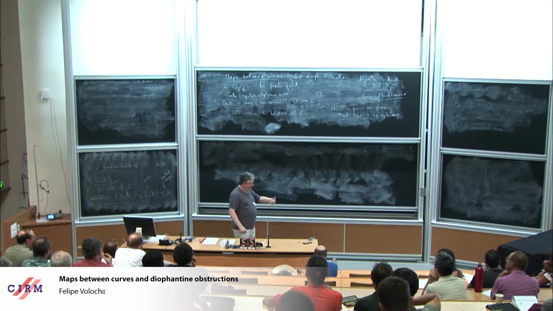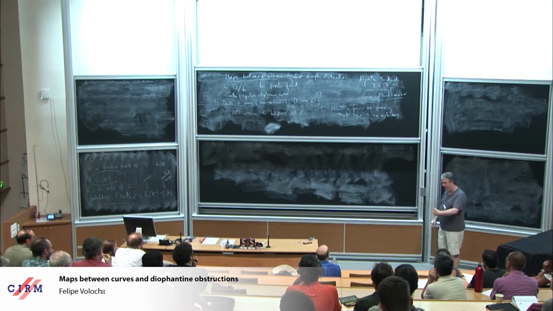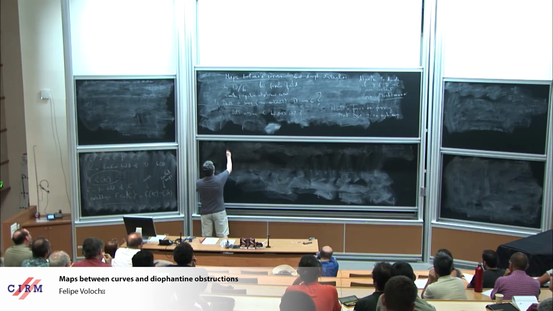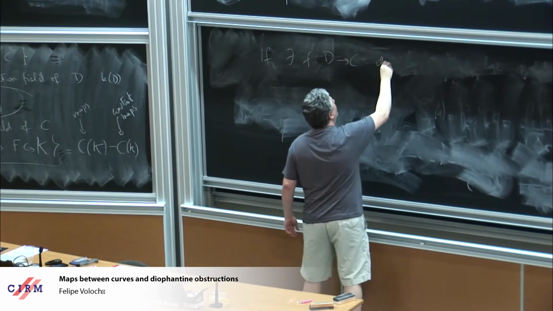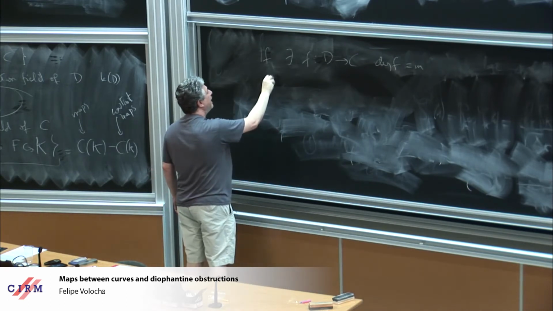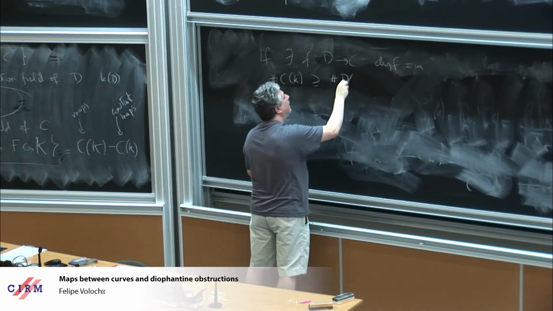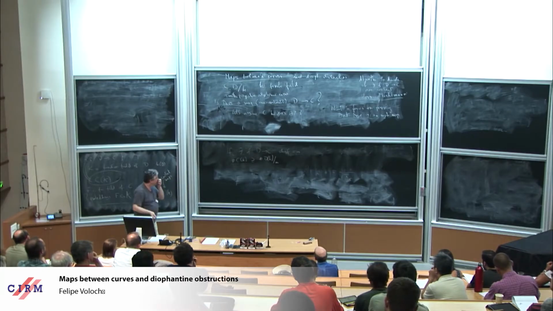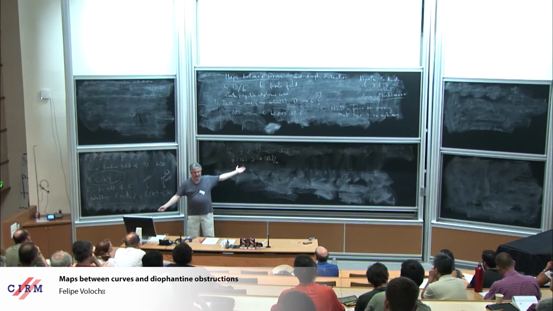You compute the possible degrees of the map, and you show that the target curve has too many points. So one thing that you can always say is that if there exists a non-constant f from D to C of degree m, then the cardinality of C(k) is greater or equal to the cardinality of D(k) over m, because the map is m to 1 at most. So if you violate this condition, then you show that there is no map.